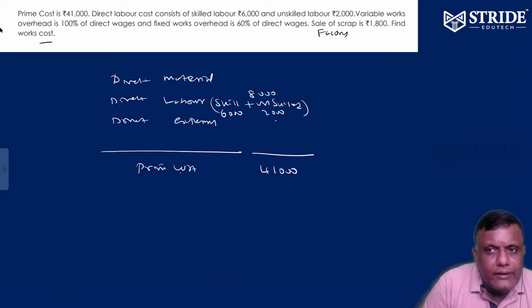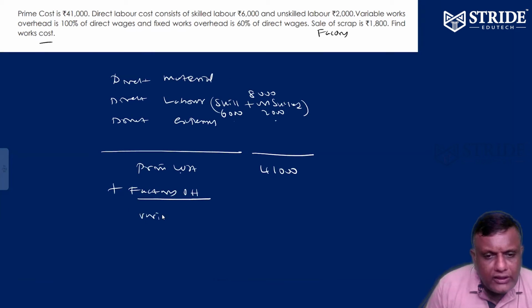Next, factory overheads. There are two things: variable overheads and fixed overheads. Variable overheads are 100% of direct wages. So 8,000 into 100%, variable overhead 8,000.